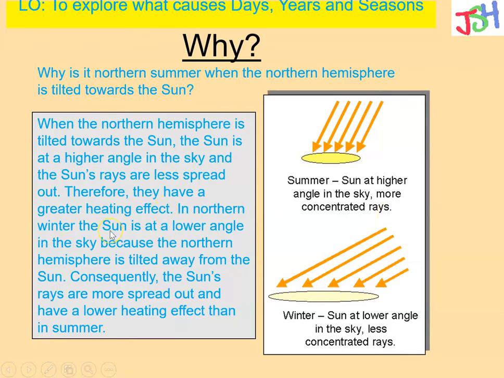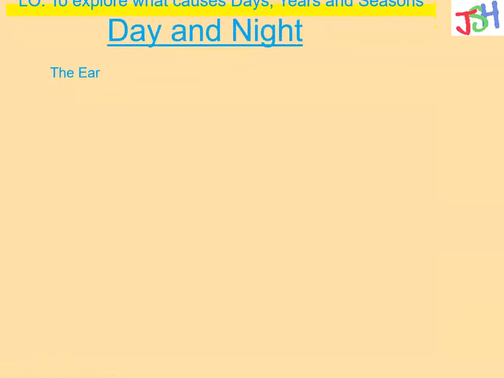In the northern winter, the sun is at a lower angle in the sky because the northern hemisphere is tilted away from the sun. Consequently, the sun's rays are more spread out and have a lower heating effect than in summer. Okay.